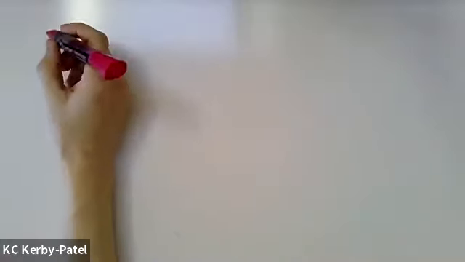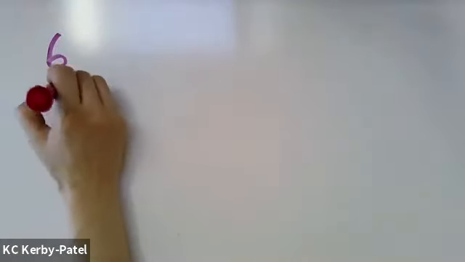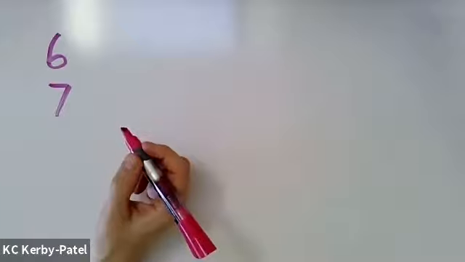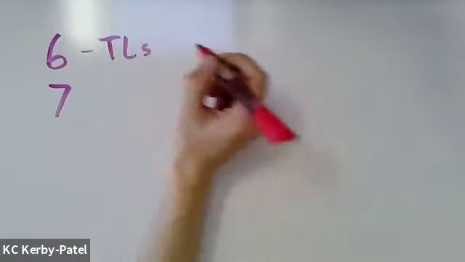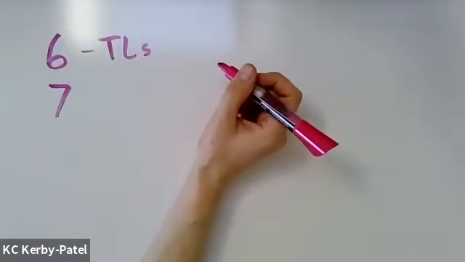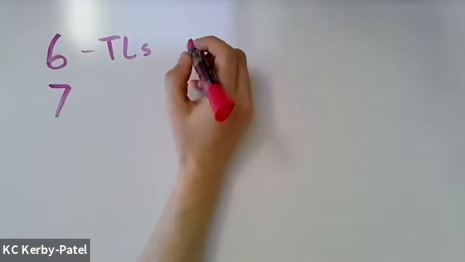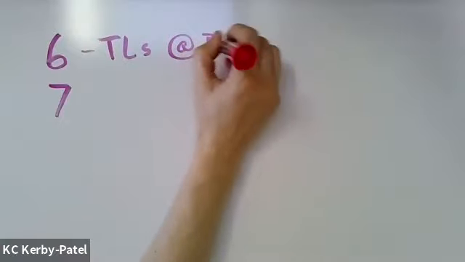Then, let's see, after that we had chapters 6 and 7 about transmission lines. Chapter 6 had transmission lines kind of at DC.